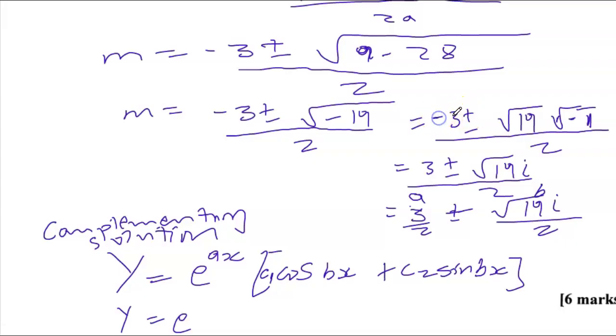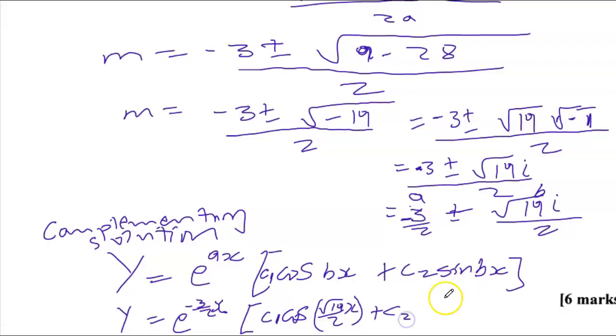So remember, negative b is negative 3, so negative 3 over 2 x into c1 cos, and b is the imaginary component, which is root 19 over 2 x, plus c2 sine bx, and b is root 19 over 2 x. That would be our solution.